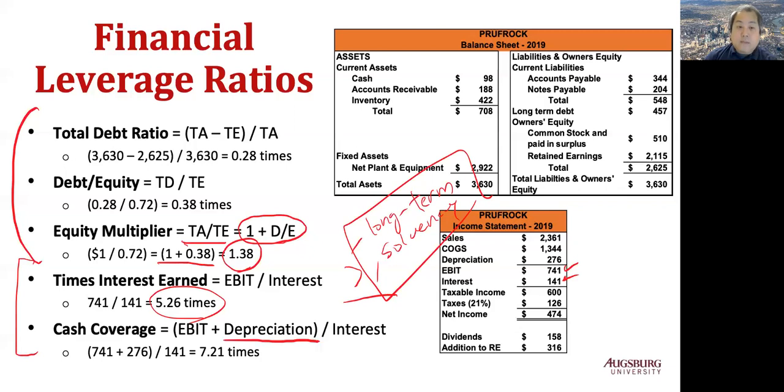So let's add back depreciation. EBIT plus depreciation divided by interest is the cash coverage ratio, whether the company makes enough cash to cover interest. For Prufrock, 741 EBIT plus 276 depreciation, divided by interest expense 141, is 7.21 times.